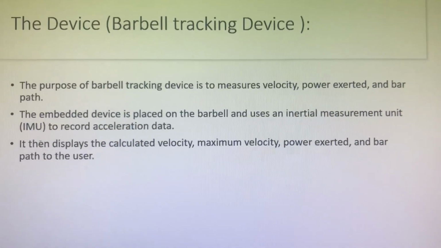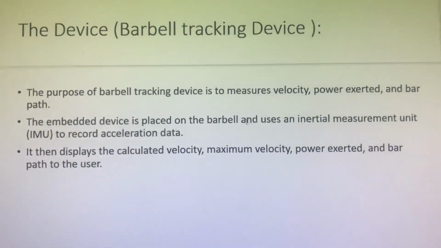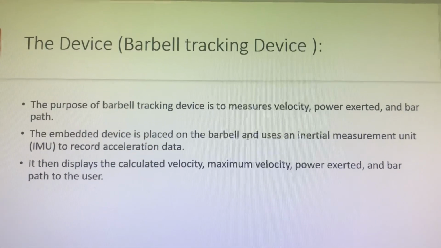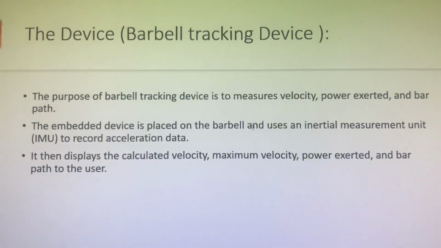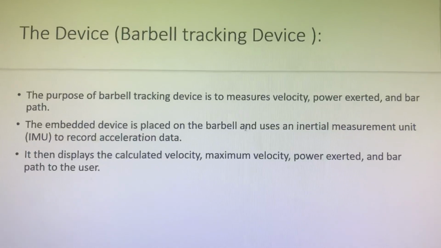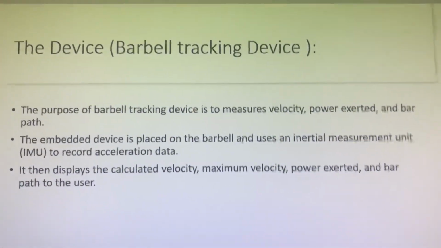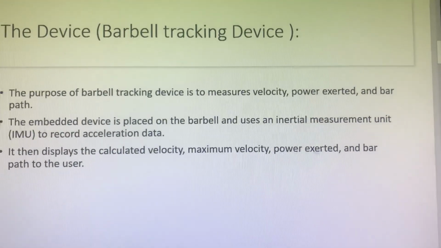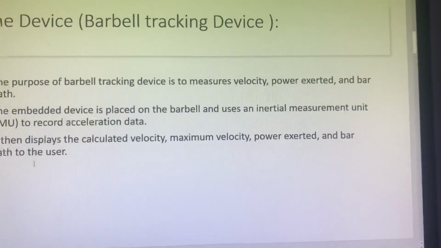After we finish the lifting, the device will send us the data from the IMU, and we receive this data on our phone app. But I don't think I need to present that here, because we just need the system and how it operates.